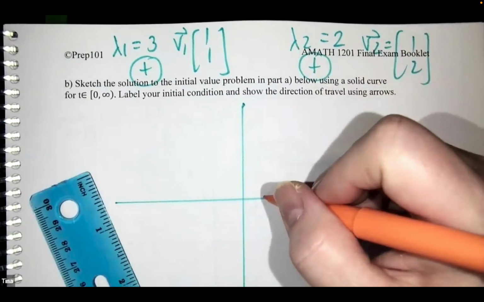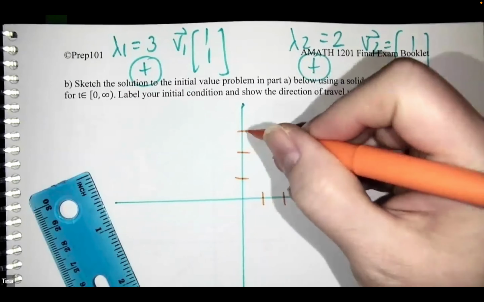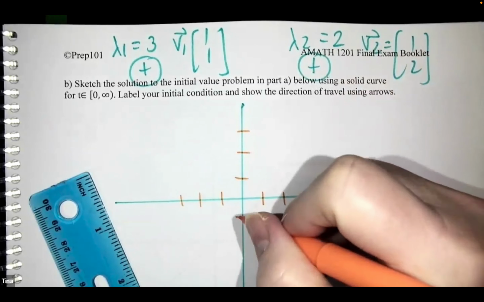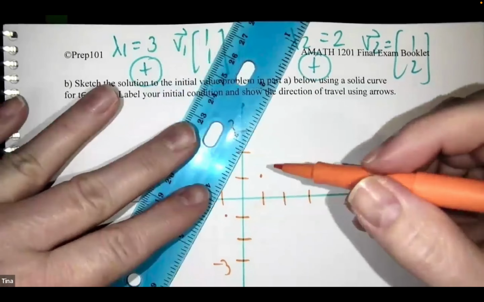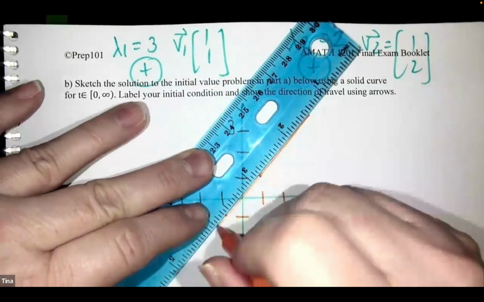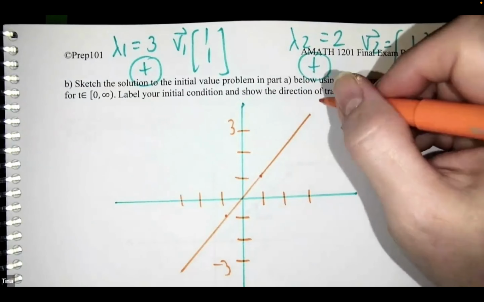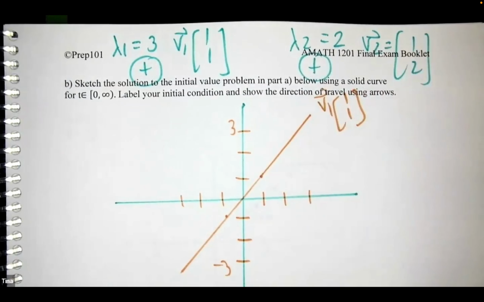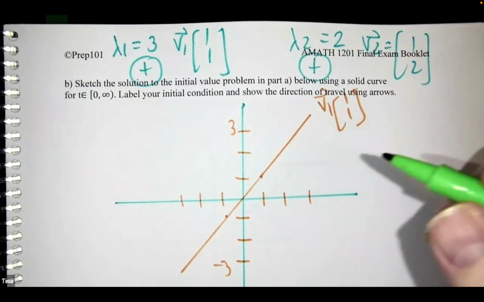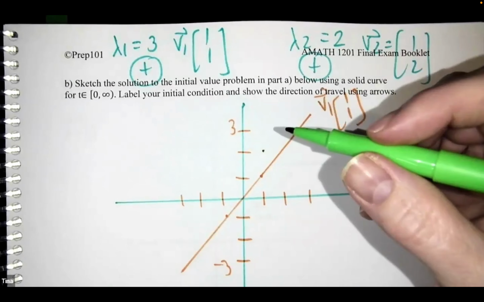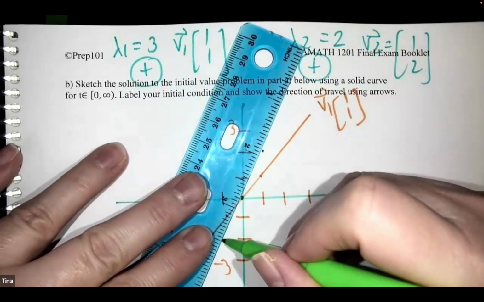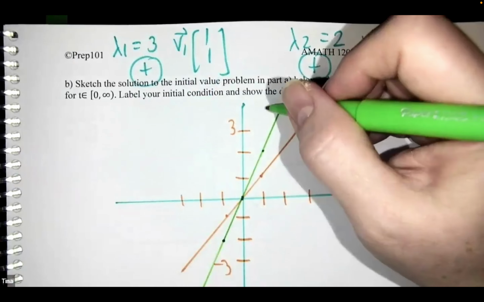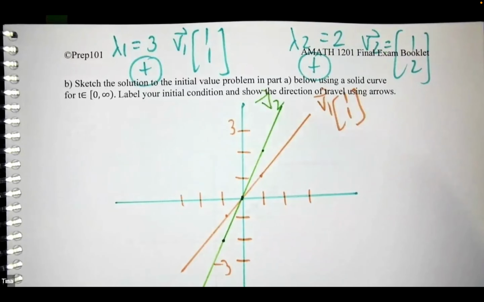So if we plot (1, 1), so (1, 1), (-1, -1). And then our other vector is over 1 up 2. So always through (0, 0). So (-1, -2) as well would work here. And that's the vector (1, 2).